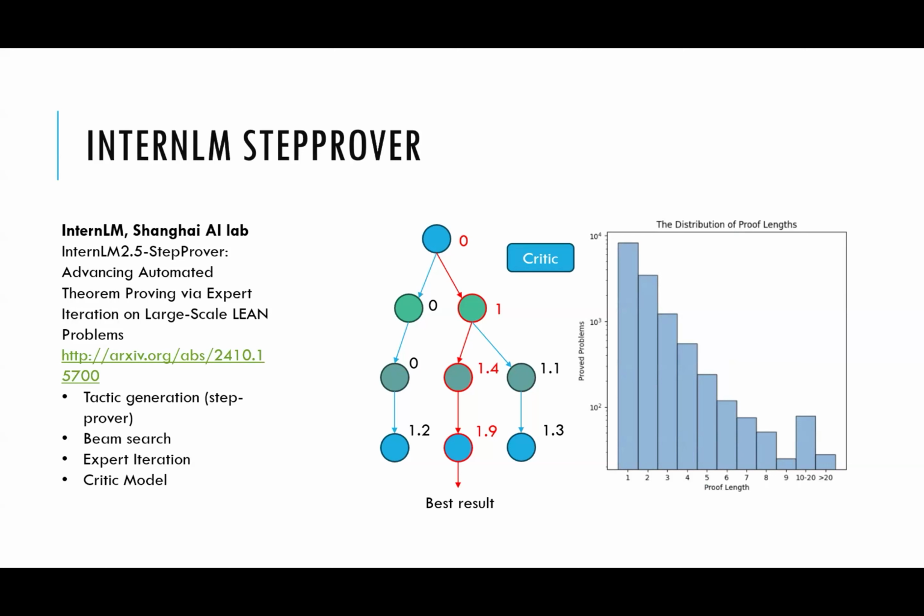But it searches with a heuristic, which means each time you use a tactic and encounter a proof state, it uses another model to evaluate whether this state is good or bad, that is, how close this state is to the no-goals state.